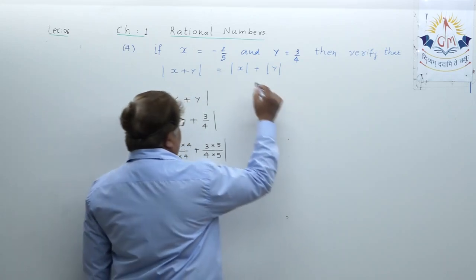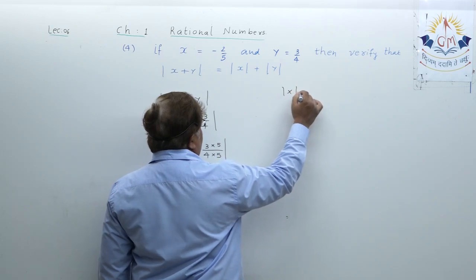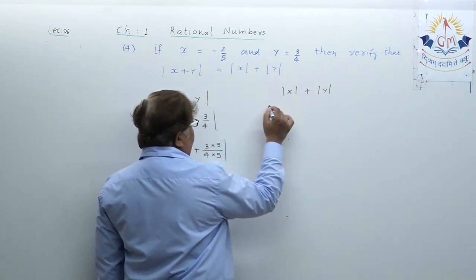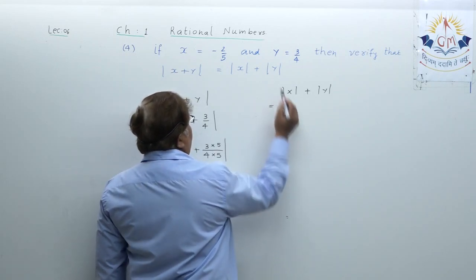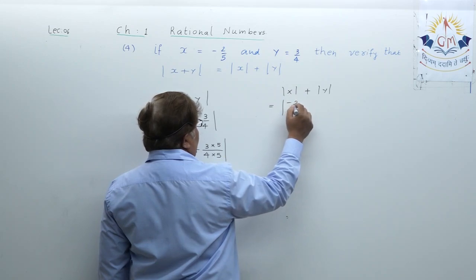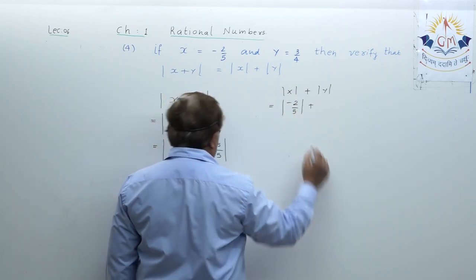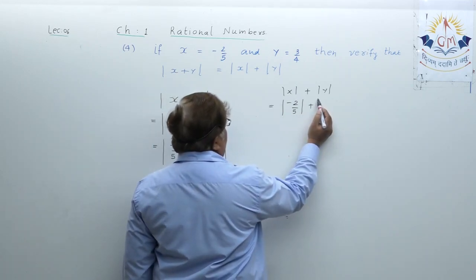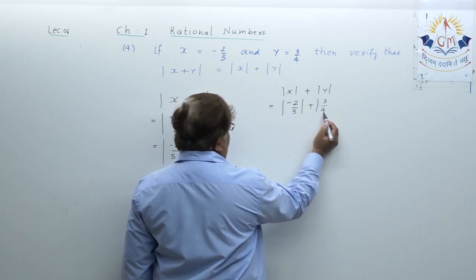Let us take now the RHS. Modulus x plus modulus y. What is the value of x? Minus 2 upon 5 plus the value of y, that is 3 upon 4.